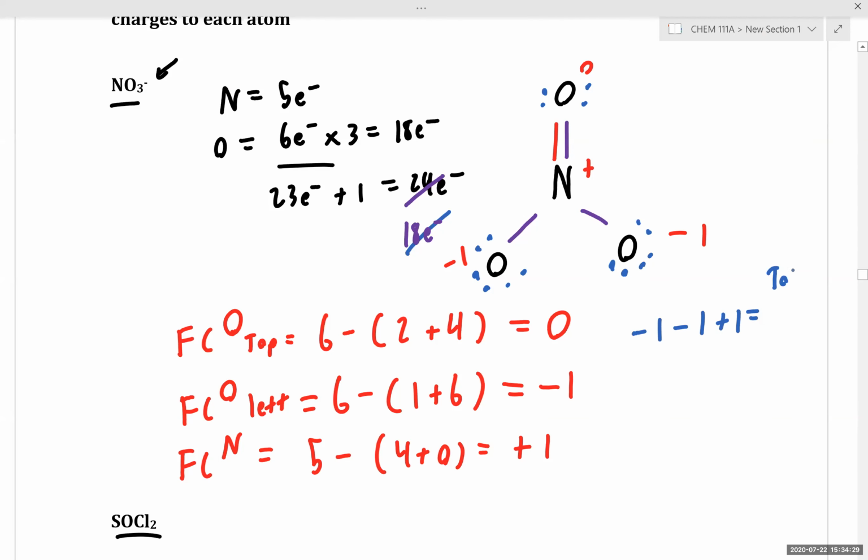That gives us a total charge of -1, which matches the observed total charge of nitrate. Does this example make sense? Any questions on this example?